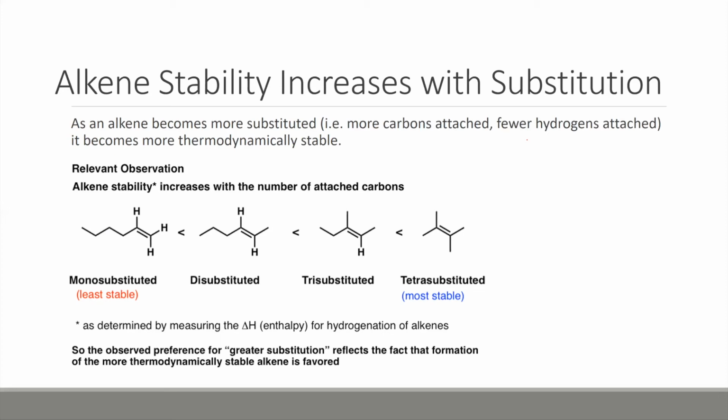And you can also have some resonance occurring between carbon groups attached to a double bond. So more substitution, more stability, and that's why these elimination reactions are going to tend towards the more stable product.